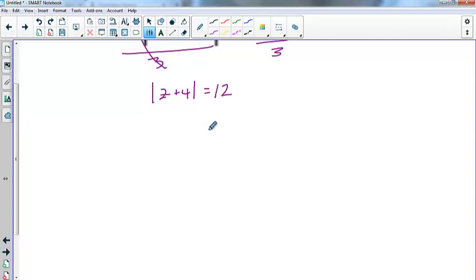I want you to think about this. It says the absolute value is equal to 12. What values give you an absolute value of 12? 12 and negative 12. So when I have this, I have to write those two equations. So I have z plus 4 equals 12, and I have z plus 4 equals negative 12.